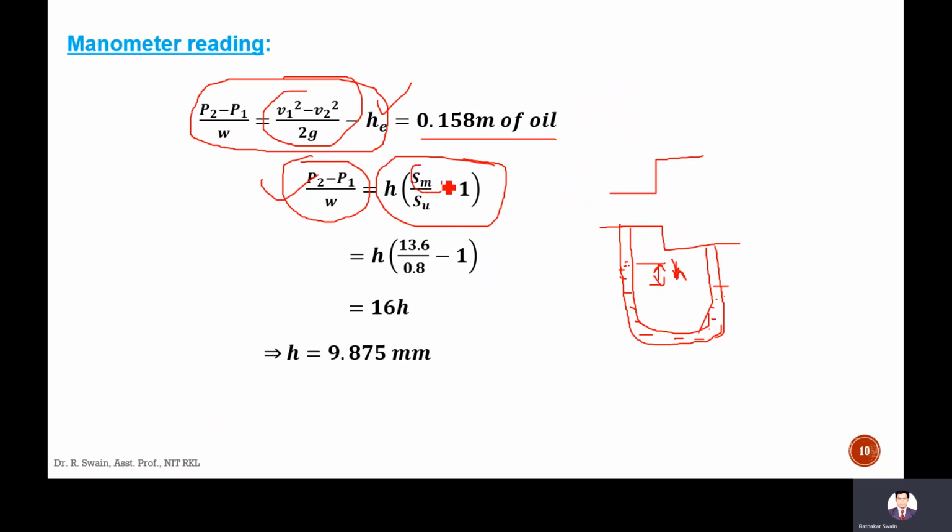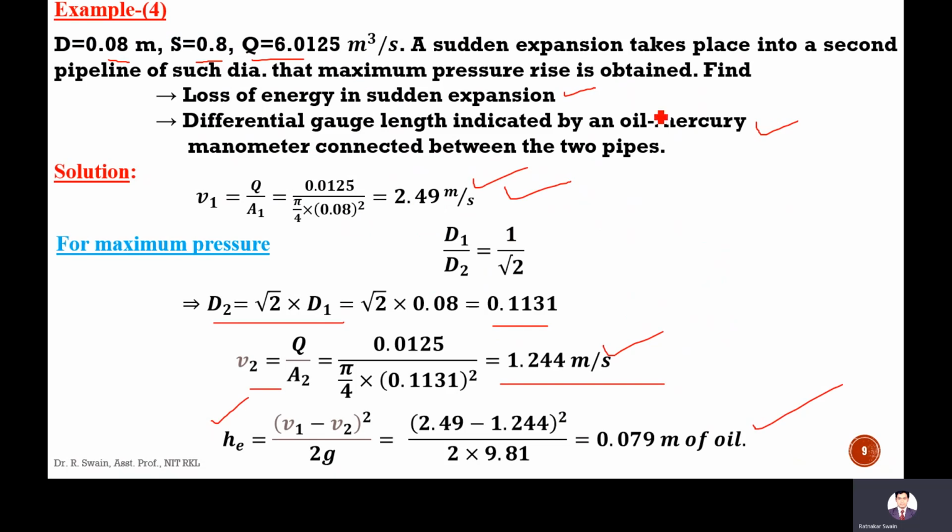SM is the manometric liquid specific gravity, and this is the pipe liquid specific gravity, minus 1. So here H is equivalent to manometric specific gravity 13.6, that is mercury, divided by the pipe liquid specific gravity. Actually in the question it is saying that the oil is flowing with specific gravity. Oh, here actually it is saying that this S is the specific gravity. Sorry, this is not slope.